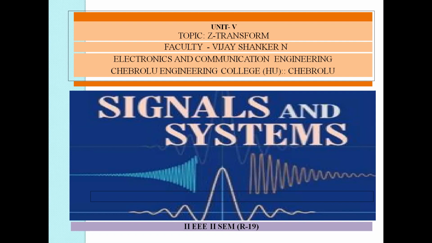Coming to the second example, the Z transformation is the same, but the input x of n you can take as x of n is equal to minus a power n mu of minus n minus 1.